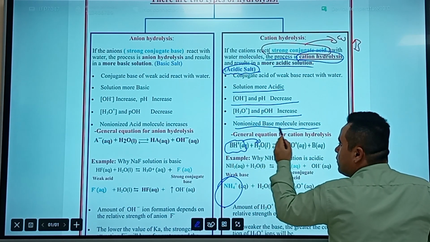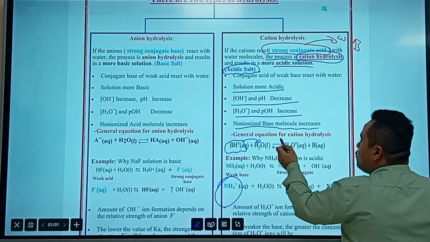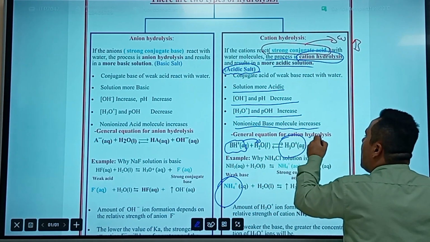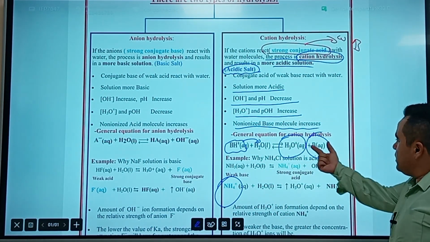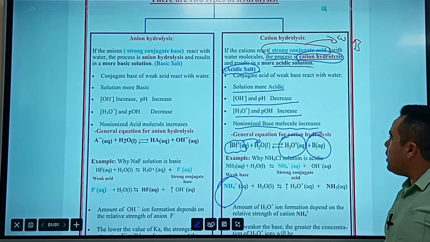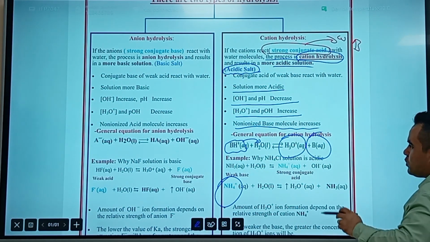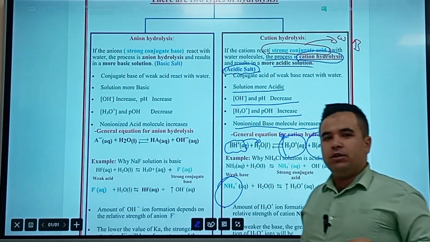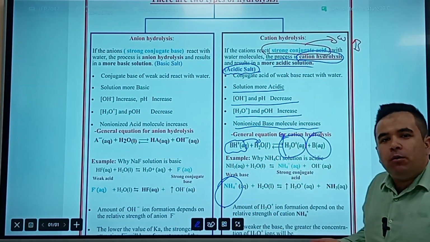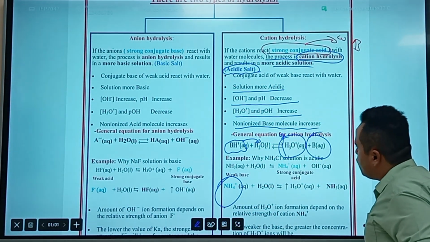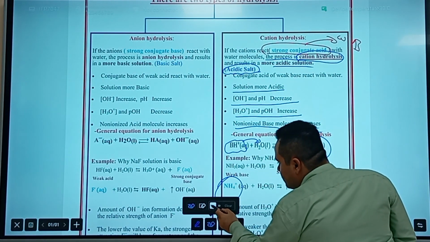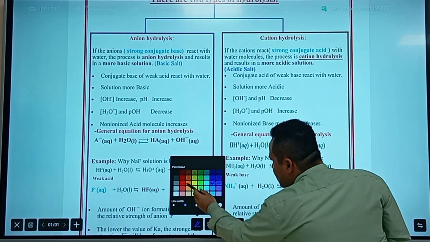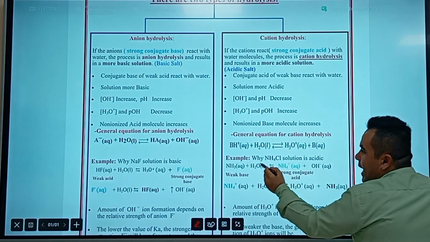It reacts strongly with H2O to produce hydronium and the base as well. This increases the hydronium concentration and increases the weak base concentration. As hydronium increases, what will happen to the hydroxide? Reduce. Hydronium increases, what will happen to pH? Reduce. Example, let us take this as an example, guys.